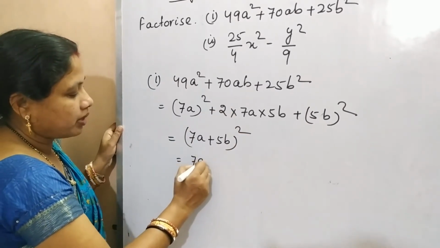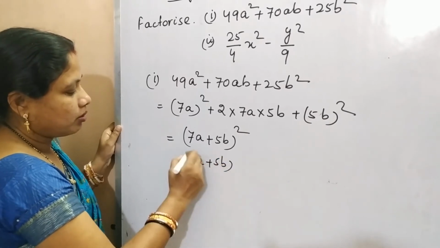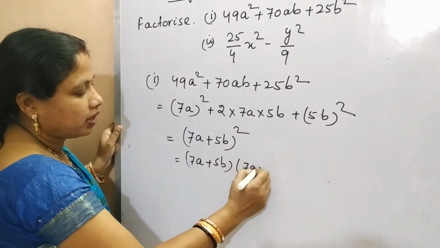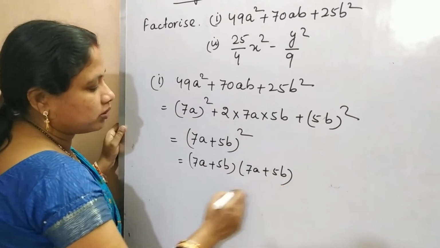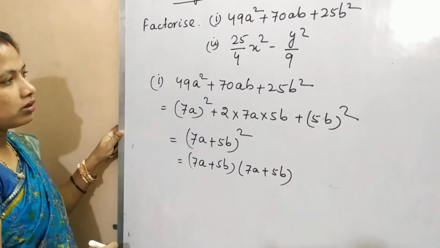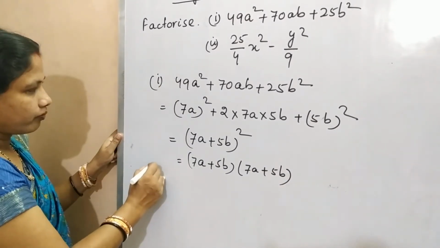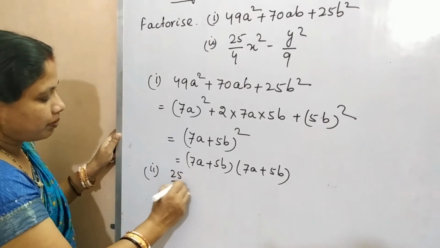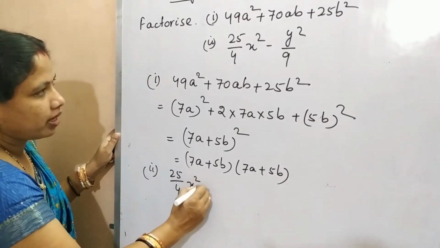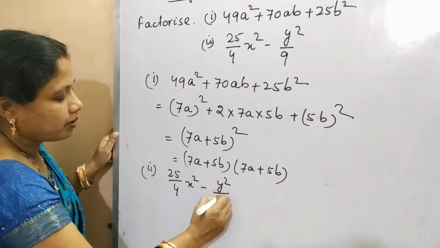Or we can write (7a + 5b) multiplied with (7a + 5b). These are the two factors. Then part 2. 25/4 x² − y²/9.